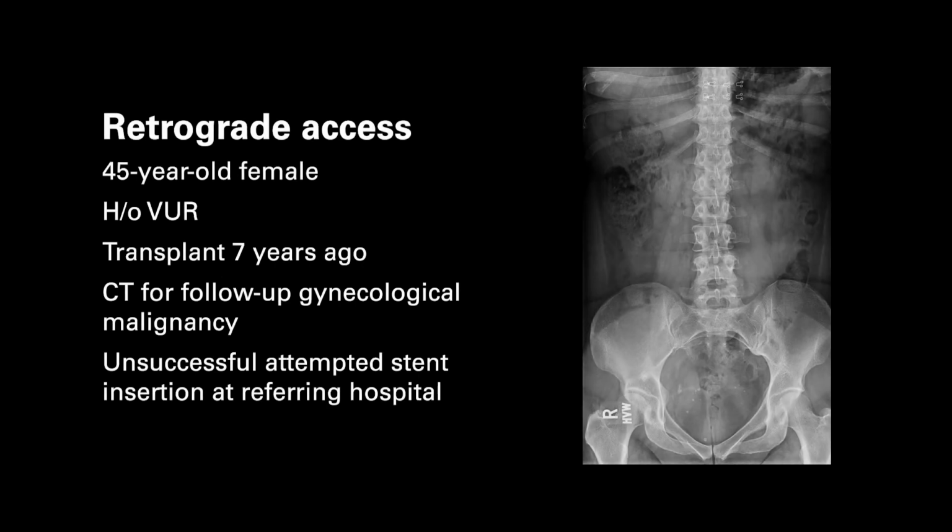Managing these patients who've got a reimplanted ureter can be challenging, but I think it's certainly worthwhile trying to do this. In fact, a colleague at another hospital had attempted stent insertion on this patient and found that it wasn't possible, but we thought that we would attempt retrograde access to see if we could get the stone treated.